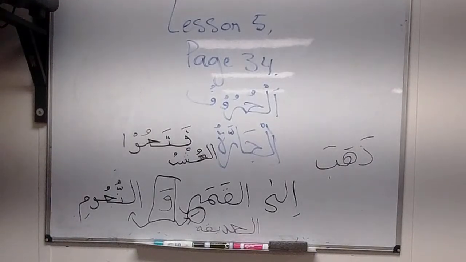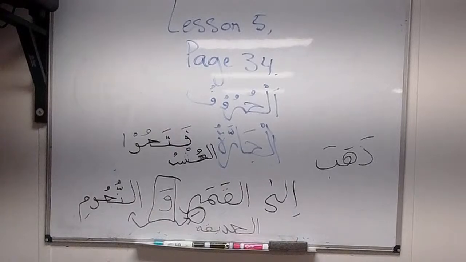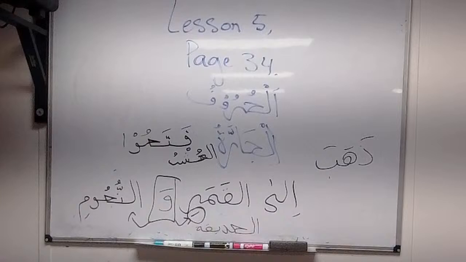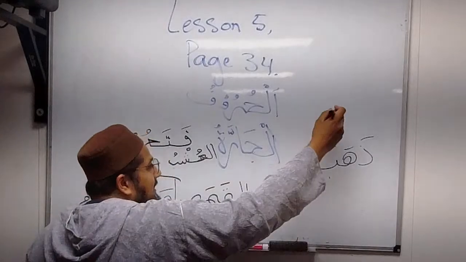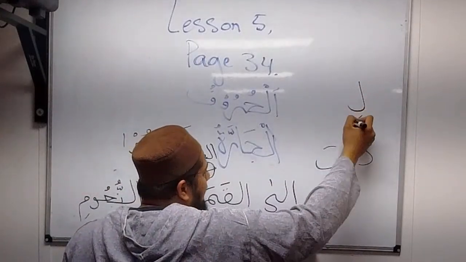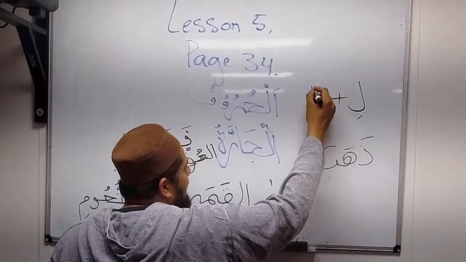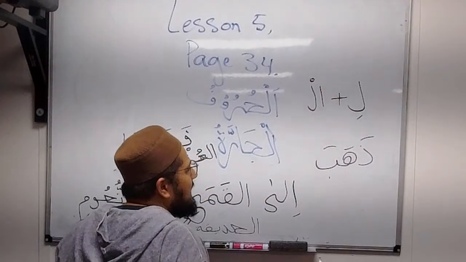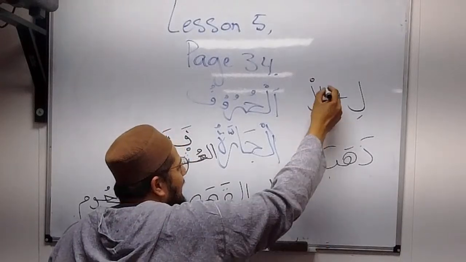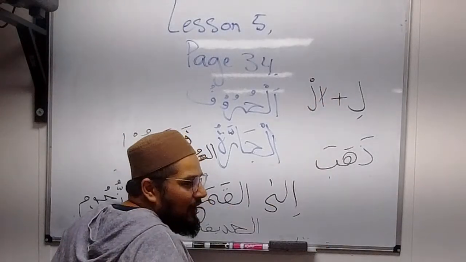Now why are we saying lillahi? Why are we not saying lillahu? Because it's in the jar. Because of li. Very good. Let me explain something. In the Arabic language, if you have the word li and you're adding it to something that begins with al, there's a weird rule: we end up cutting out the alif in writing.